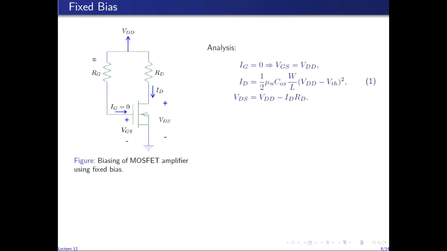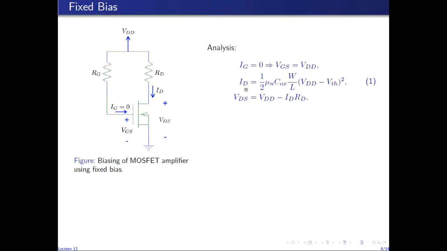So this means that there will be no voltage drop across RG, which means that the voltage at the gate will be the same as the voltage at this node, and this node is connected to the power supply VDD. So the voltage VGS in the circuit is equal to VDD, and hence, like I said, I'll assume that this circuit biases the NMOS in the saturation mode.